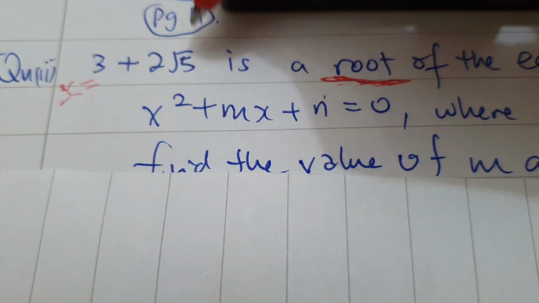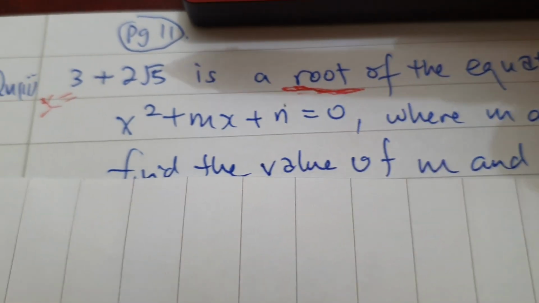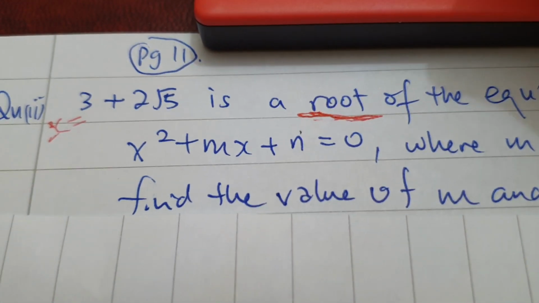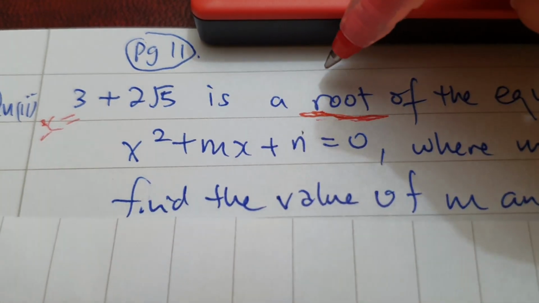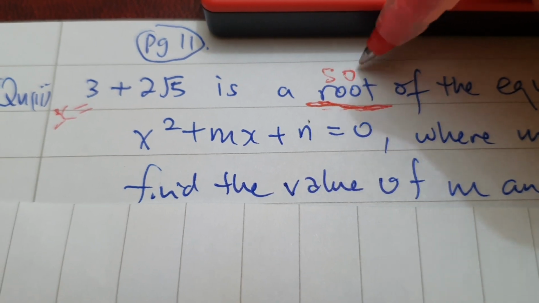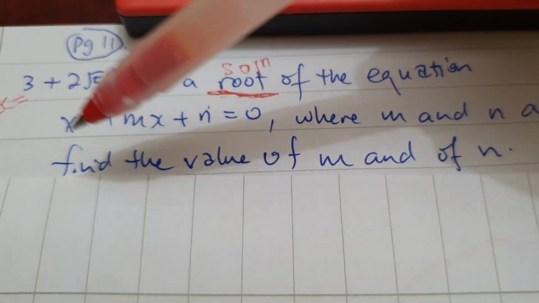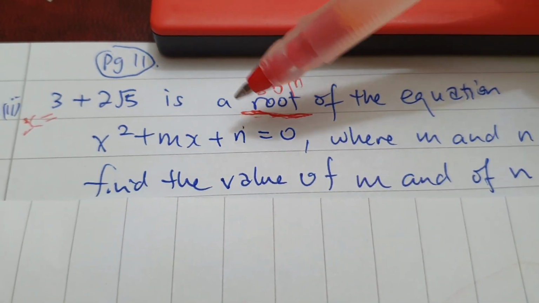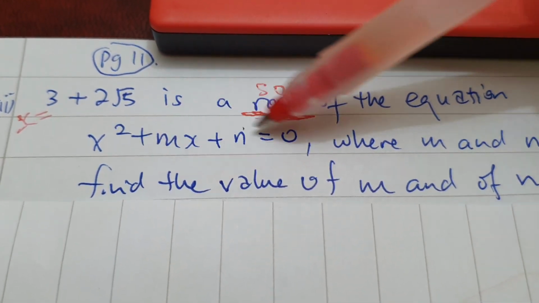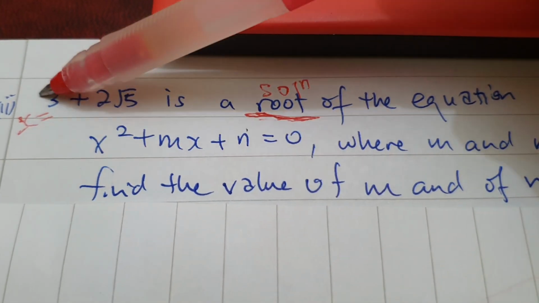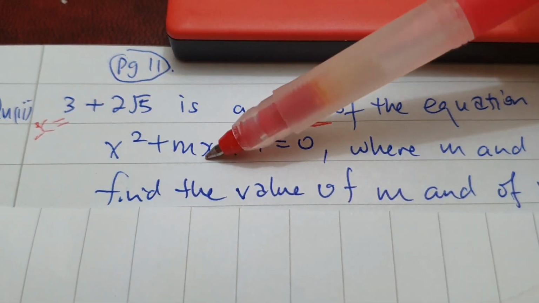So it's the same thing. If this is a root, that means it's a solution. Solution means when you sub this value into this equation, it will satisfy the equation. You would have learned this in E-maths. So you sub this into the x, sub this into the x.